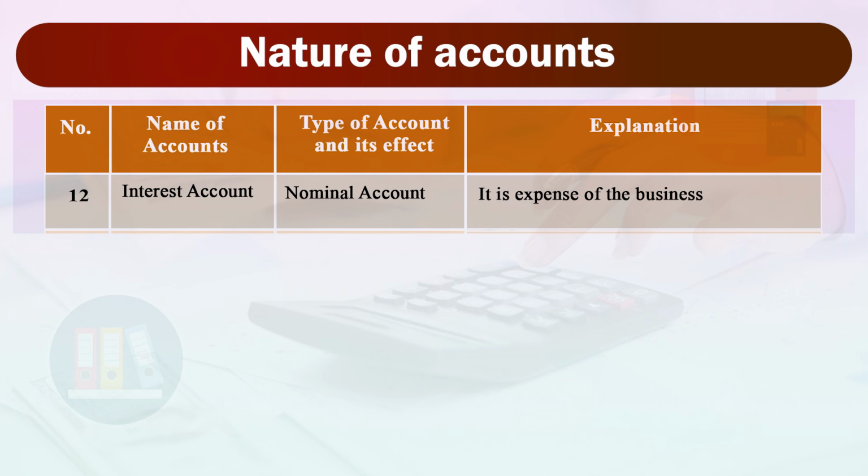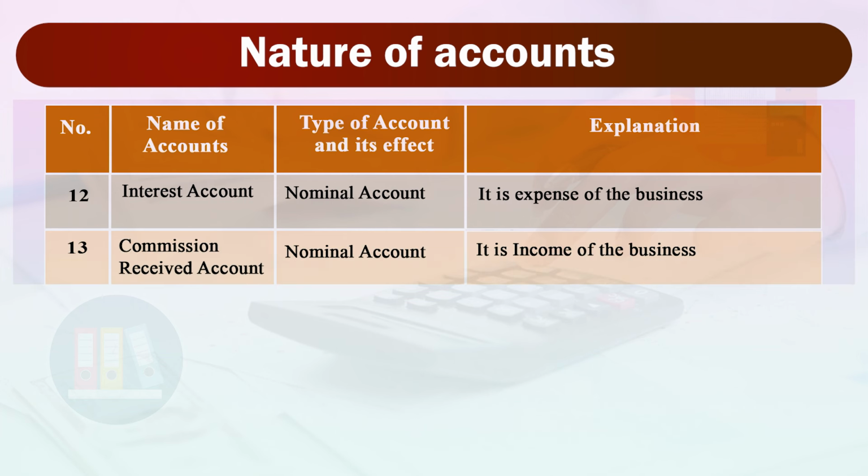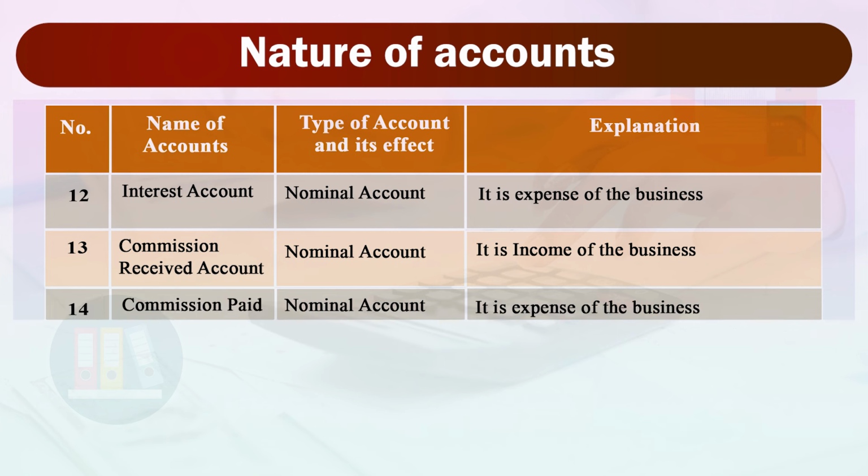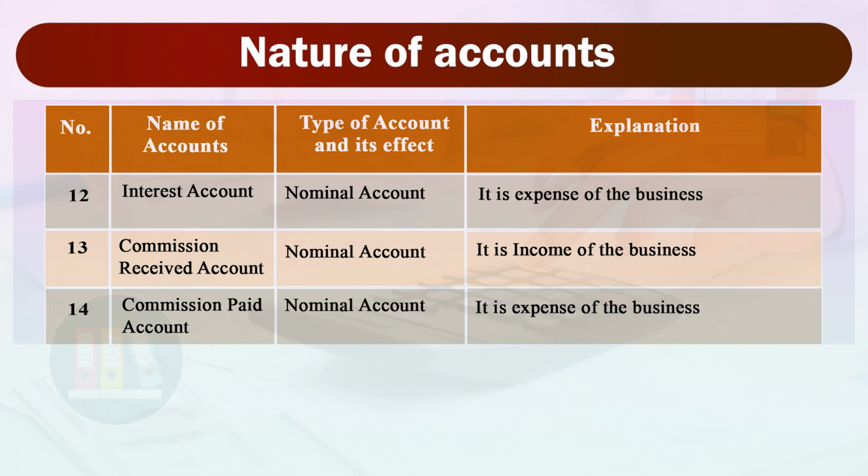If the word received is not mentioned, we have to assume that interest is an expense of the business. So, again it will be treated as a nominal account. Next is commission received account. So, commission received is an income of the business. So, again it will be treated as a nominal account. Next is commission paid account. Commission paid is an expense of the business.